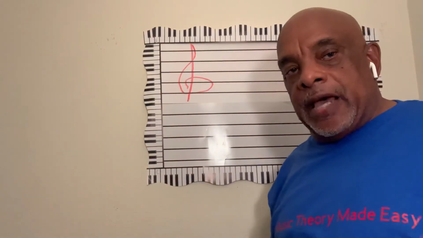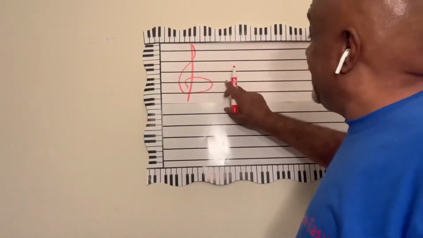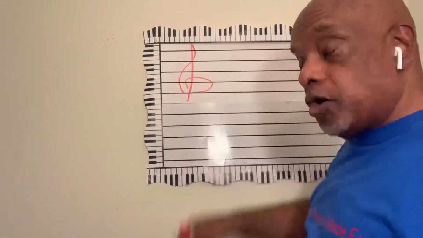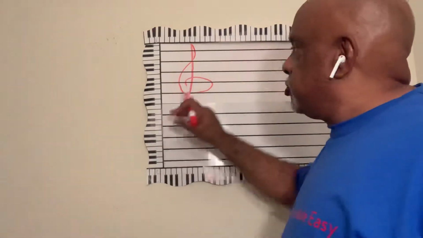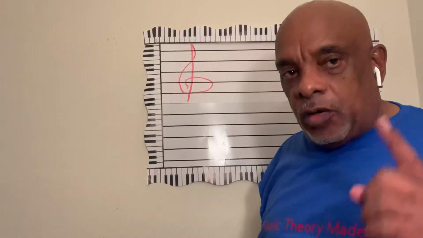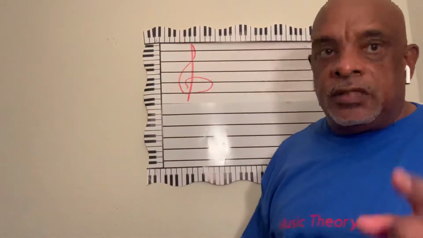Remember, the lines and spaces of the treble clef or G clef, the second line is G. And if you notice, it's crossing or circling the G line. Okay? So that's the treble clef or the G clef.